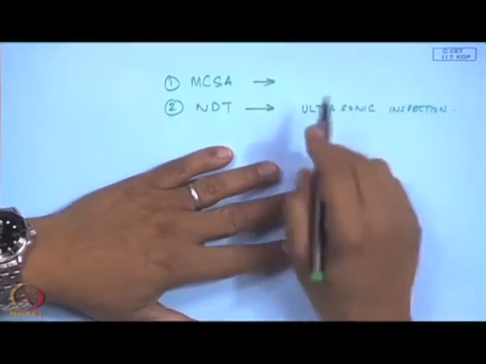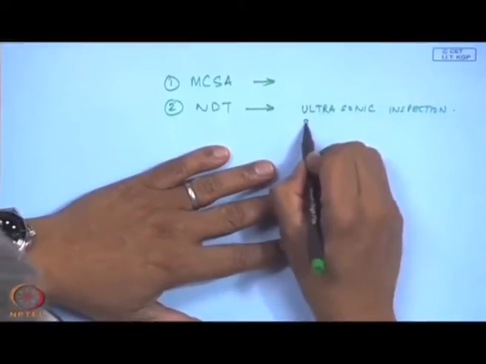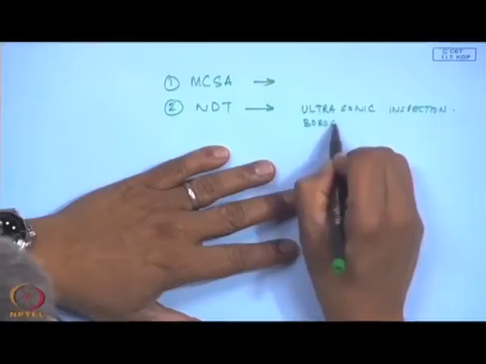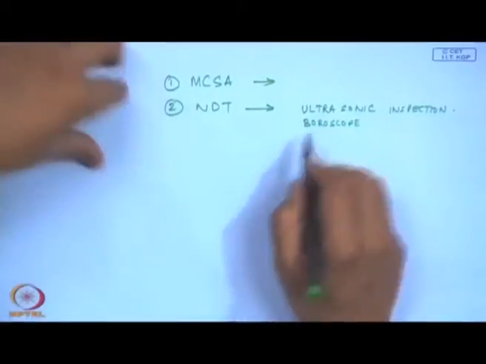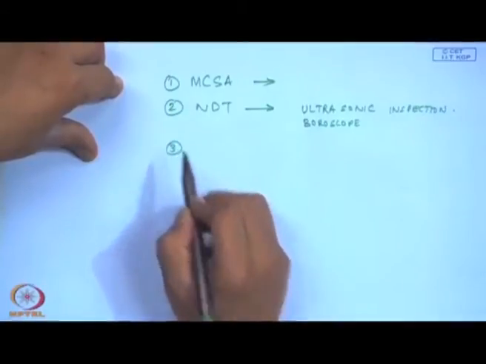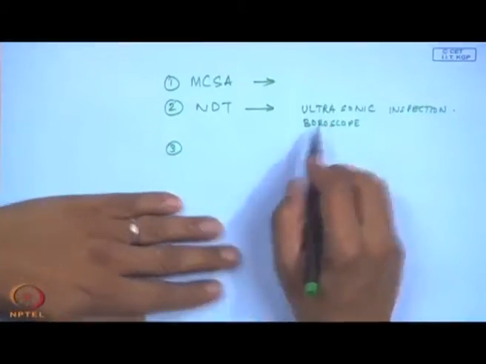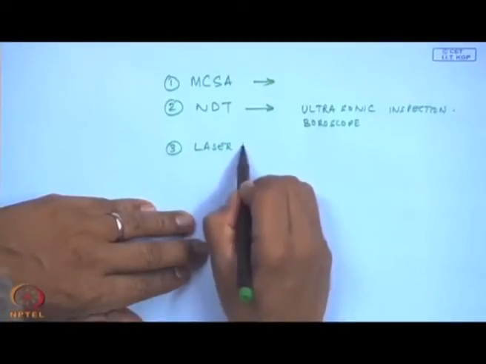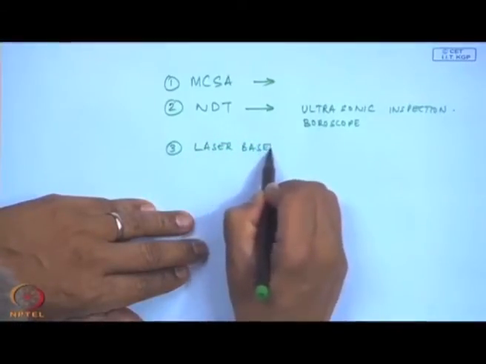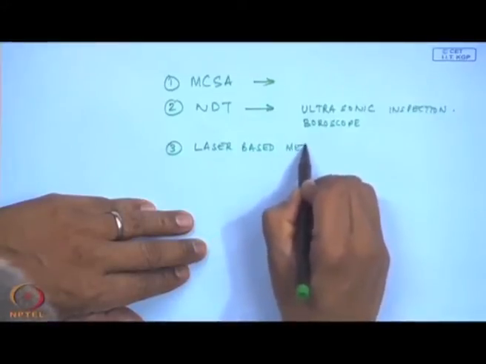The internals of the turbines can be looked at through visual inspection, boroscoping. Okay. And of course, another technique people nowadays use is laser based measurements.